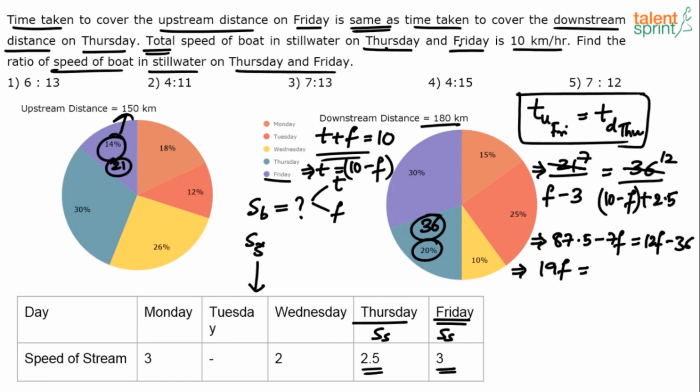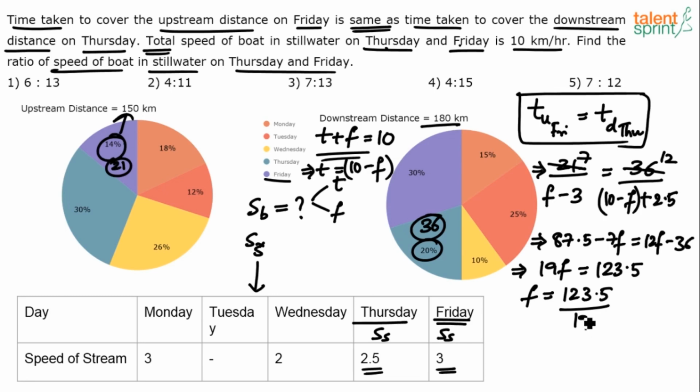How much is 87.5 plus 36? 123.5. So from this, the speed on Friday can be taken as 123.5 by 19.